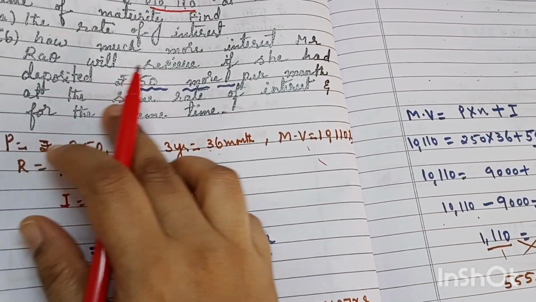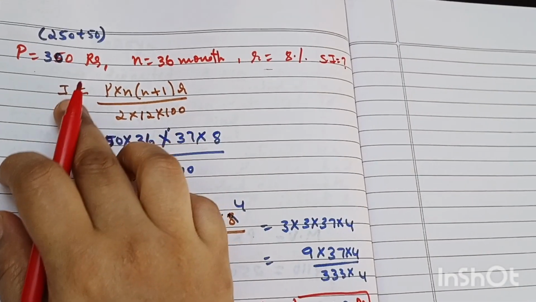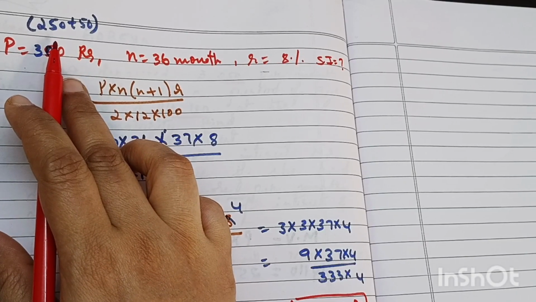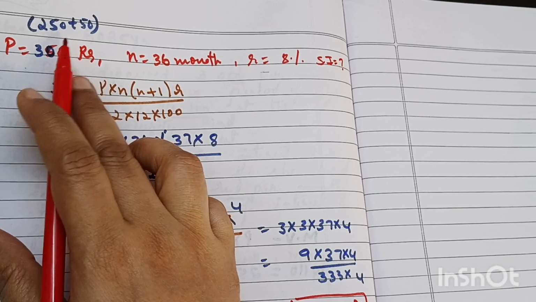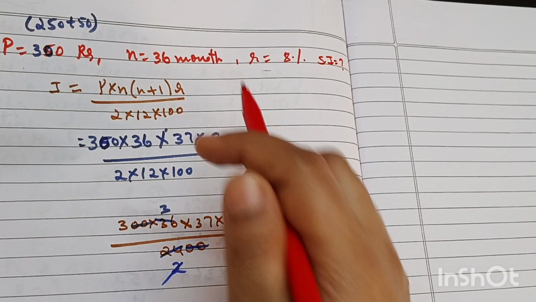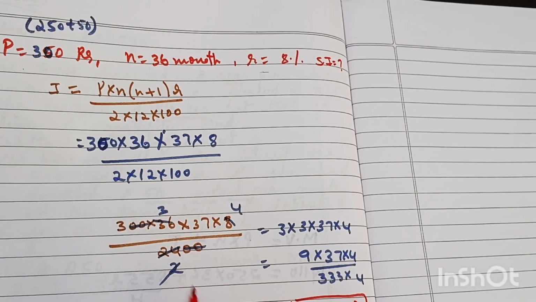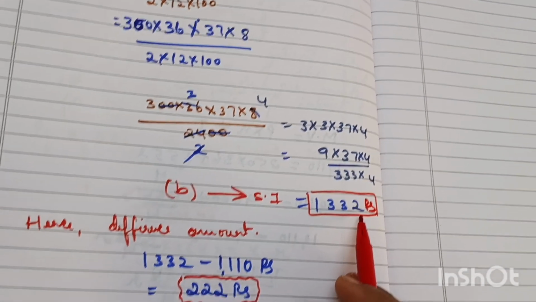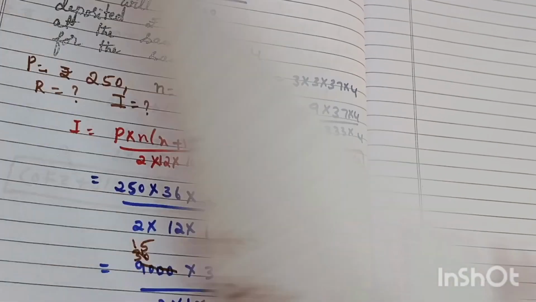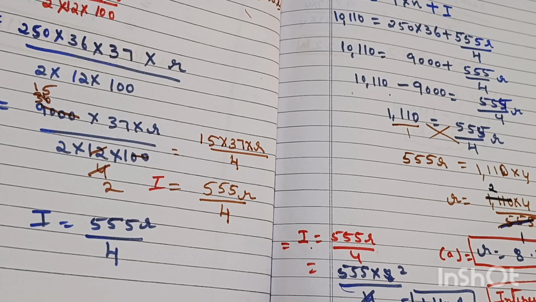But again in the question it is asked how much more interest Mr. Rao will receive if she had deposited 50 more and the rate of interest and months are the same. So here again we have to find: the principal earlier was 250 in the RD account, and now it is 50 rupees more, so we get 300 rupees. We have to find the simple interest and the difference between the amounts also. The number of months and rate of interest are the same. With the help of the formula we get simple interest as 1332. So we take the difference: the present simple interest 1332 and the previous interest value 555 R by 4, which simplifies to 1110, is the interest on 250 rupees.